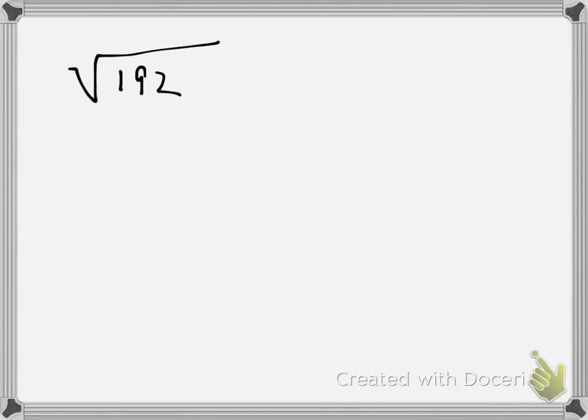I know 4 can go into this one, so I can say radical 4 times, in this case, radical 48, because 48 times 4 is 192. People are probably wondering, how do I figure that out? If you can't figure out right away what goes into it, start with a lower number, start with a 4. See if 4 can be divided into 192 evenly, and it can, 48 times.